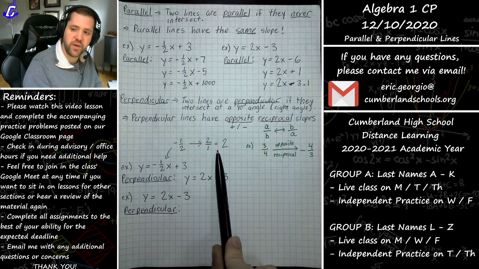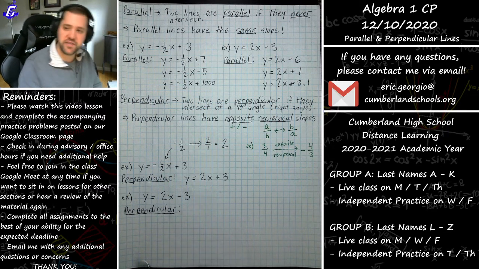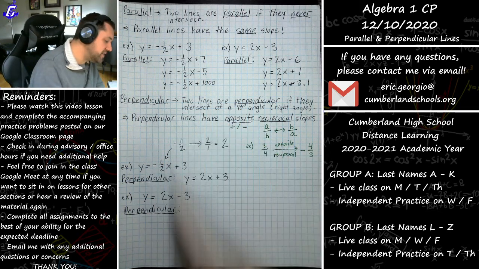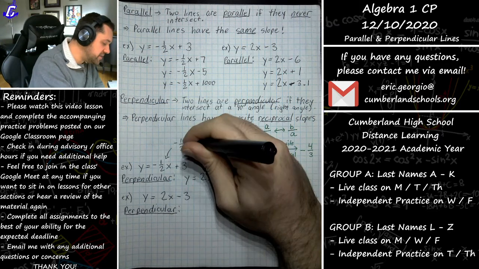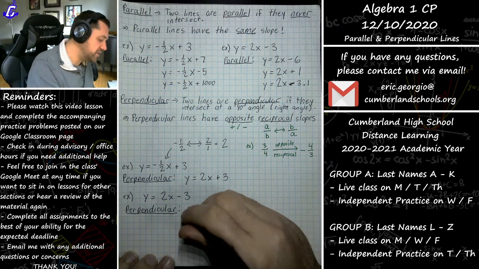We got our slope of 2 over here. We said the opposite reciprocal of -1/2 was 2. Well, these go in reverse as well. The opposite reciprocal of -1/2 is 2, and the opposite reciprocal of 2 is -1/2. So you can go in both directions with that as well.